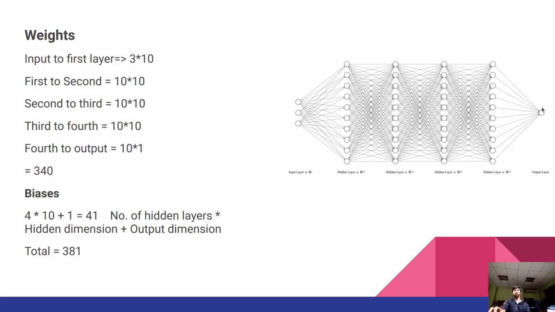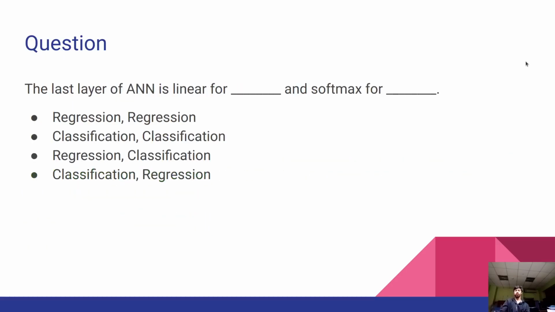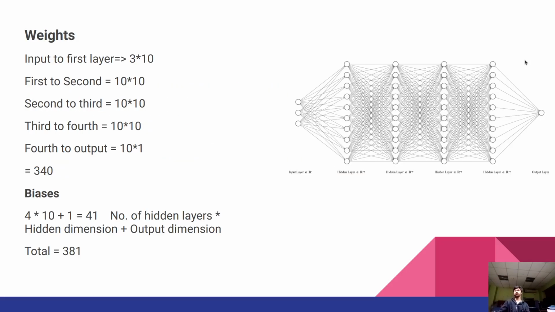In some cases we can have multiple values here, and then we can perform softmax over them. So the question is, in which cases which will be used. Linear means a single output, and softmax means there are multiple outputs and we are taking softmax over that.